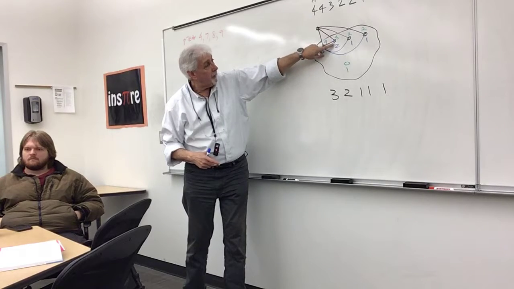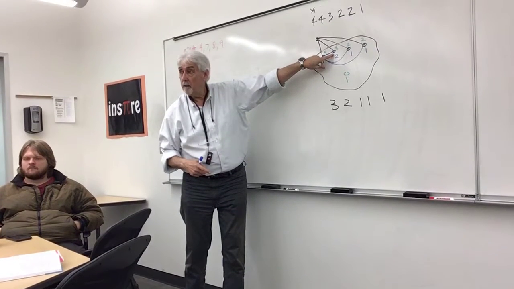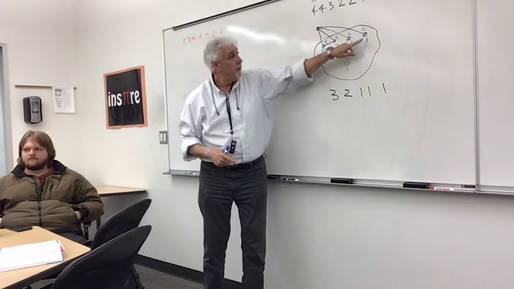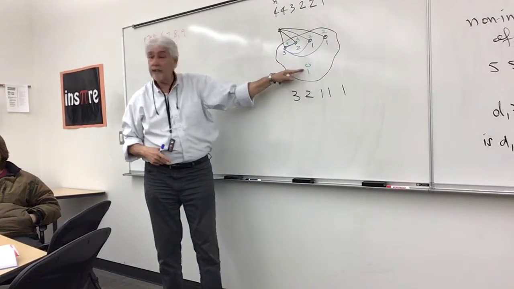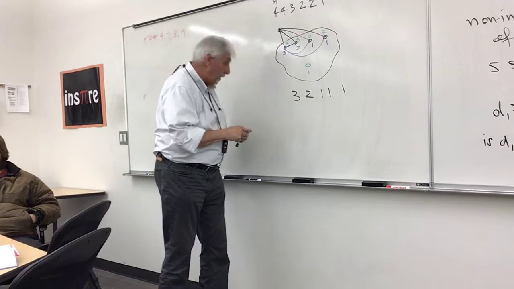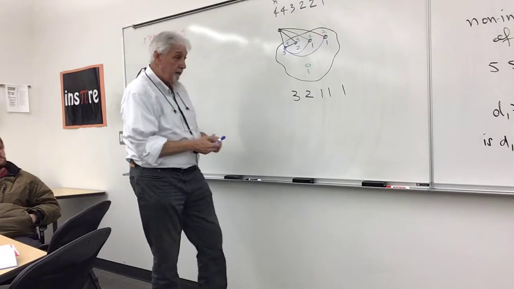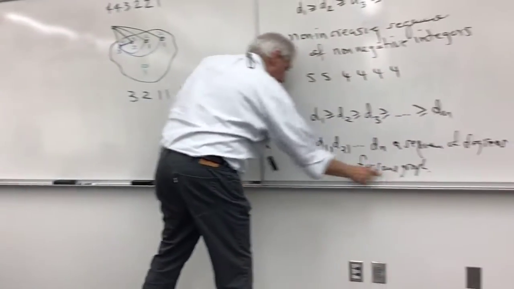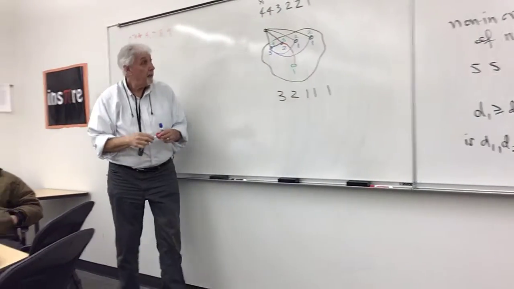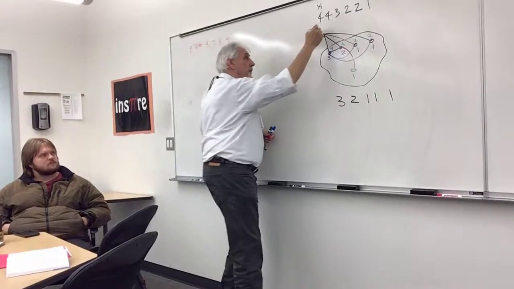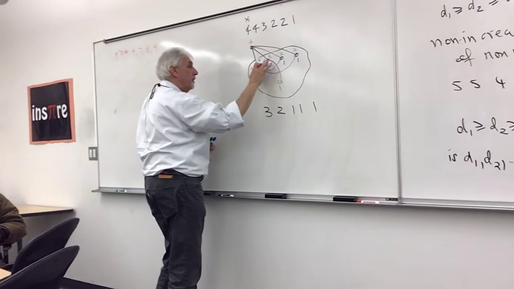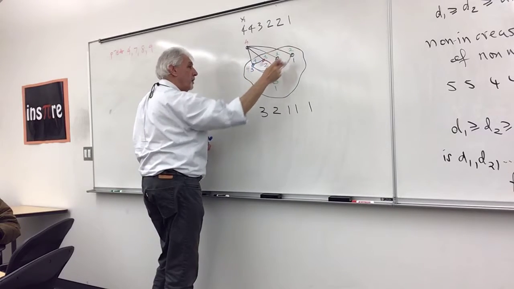This was 3, it now has degree 2, so I'm going to need one more there. This had degree 2, we're done. This had degree 2, we're done. And this still has degree 0. That tells me how to finish it up. And now we have a graph. The degrees are 4, 4, 3, 3, 2, 2, 1.